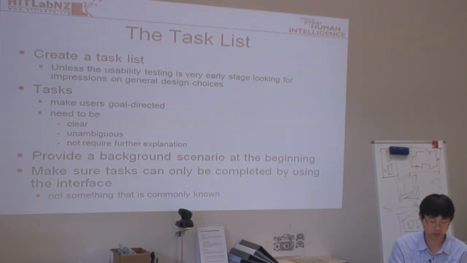One thing you have to make sure of while describing the task is that it can only be completed by using the user interface, not by cheating. If you leave that out, there might be a chance that you end up not testing your interface, but testing a shortcut to the task without using your interface.